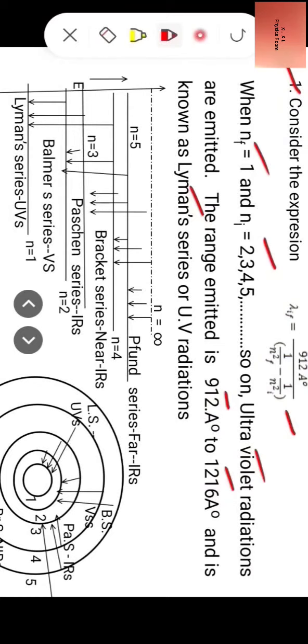So here you can see this is Lyman series or UV radiations, when electron jumps from second to first, third to first, fourth to first, and so on. So here you can see this is Lyman series.